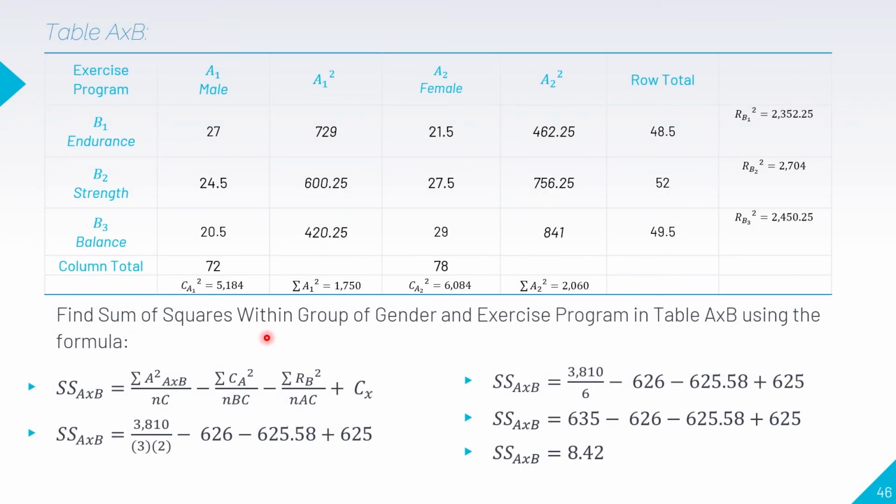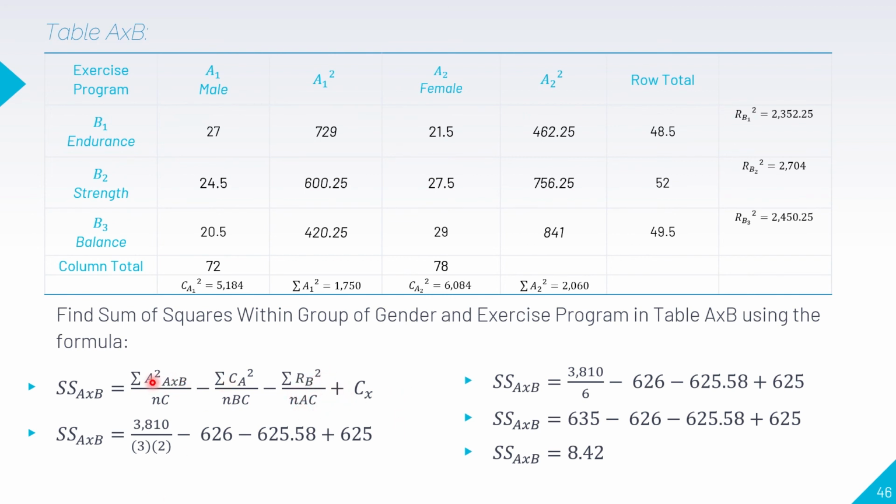Now let's find the sum of squares within group of gender and exercise program in table A by B using the formula, this one. So this one within group. Let's find the SS of A by B. The formula is the summation of A squared in A by B over NC, minus the summation of CA squared over NBC, minus the summation of RB squared over NAC, plus CX.